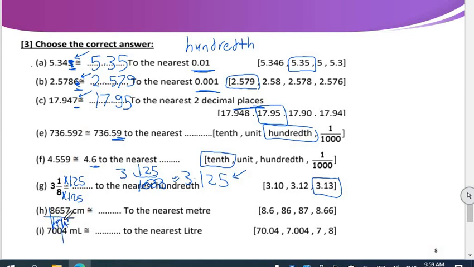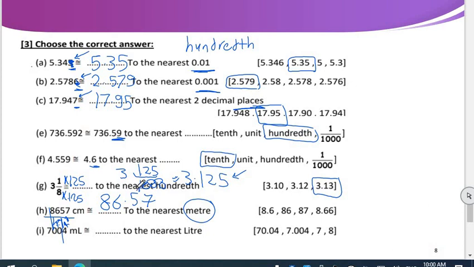When we divide by 100, we put the decimal point after how many digits? Super, 2 digits, like 2 zeros, from the right to the left. So it becomes 86.57. Okay. And we want the nearest meter. To the nearest meter means to the nearest, super, to the nearest unit.